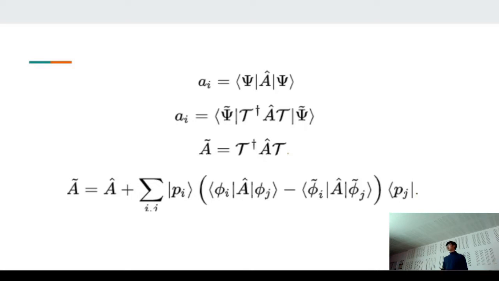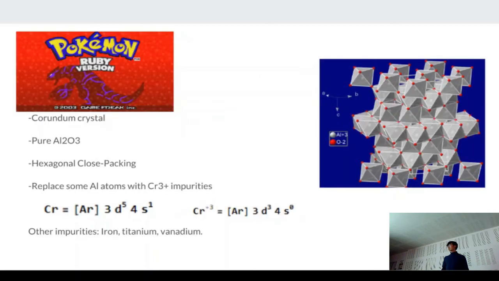So now we apply the projector augmented wave method in our project to study ruby crystals. To set up a ruby crystal, you need a corundum crystal, which consists of pure aluminum oxide.